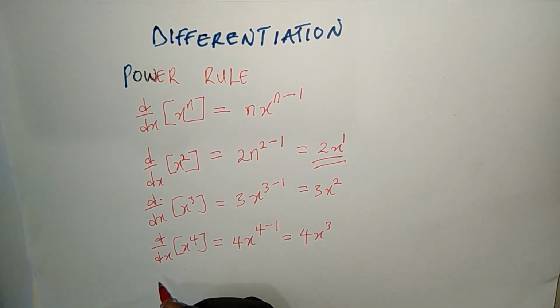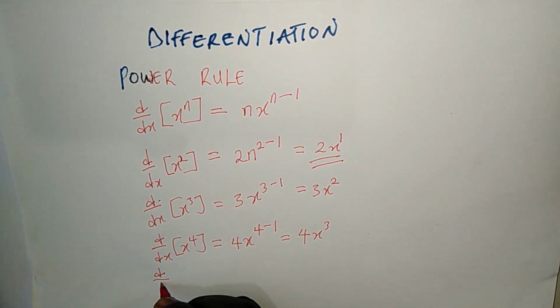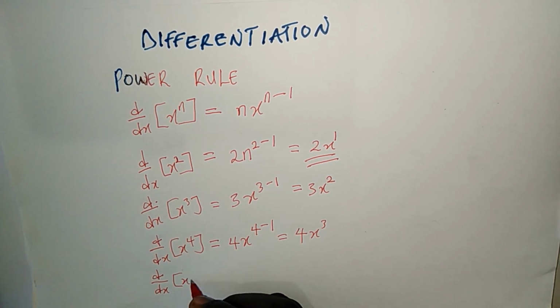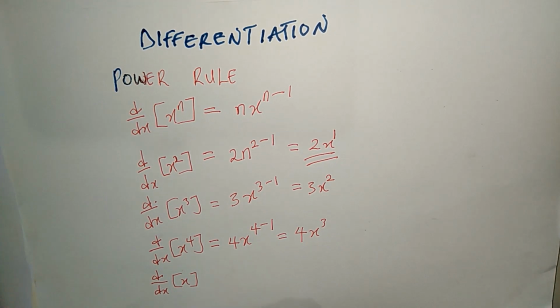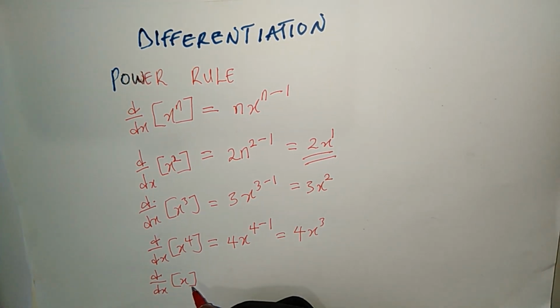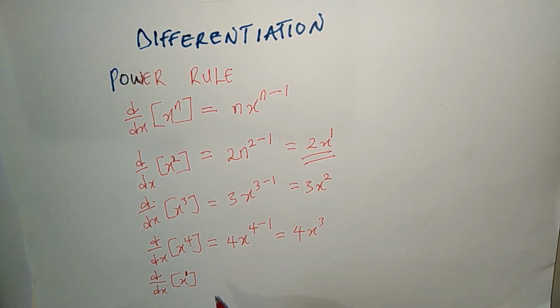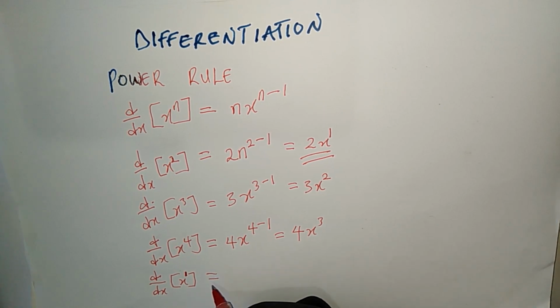We have another one, and this one looks a little bit different. You have d over dx, and we are finding the differential of just x. Whenever you see something like this, always have in mind that there's an invisible 1 sitting right on top here. Therefore, you bring out the 1.